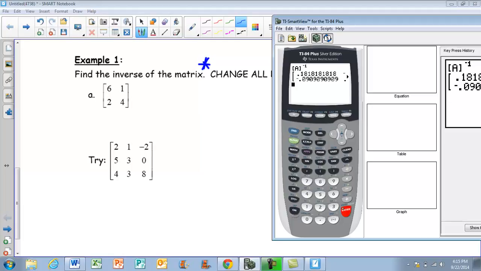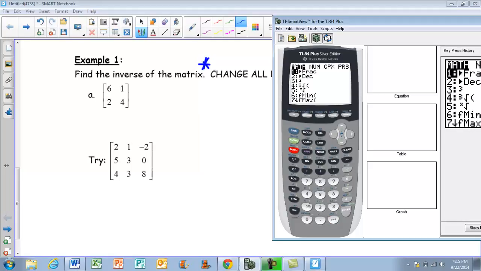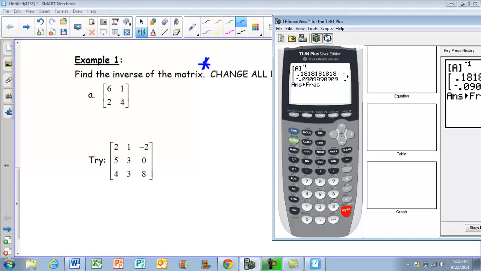Now, we take a look at this, we get all kinds of crazy decimals. If I were to scroll through and look at this, I have all kinds of crazy decimals here. The nice thing though is we can change all of these to fractions. So if you go second answer and then go to your math button and hit 1, it'll change them all to fractions for us. So this is the inverse of letter A. So I'm going to go ahead and fill that in.